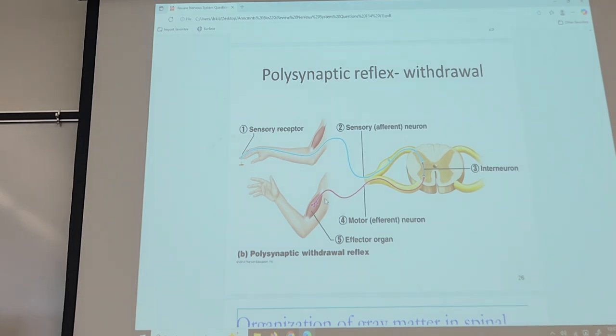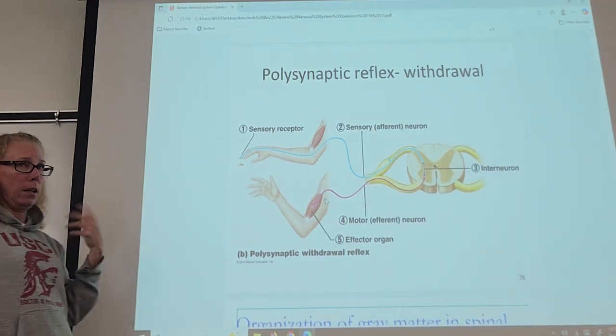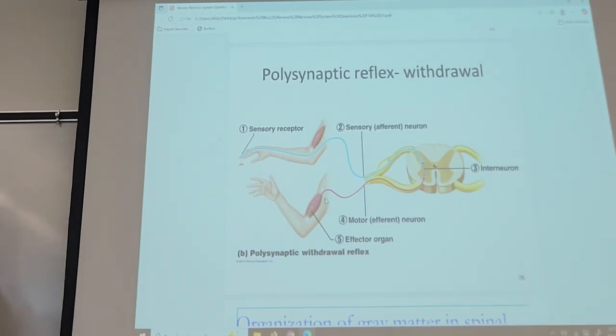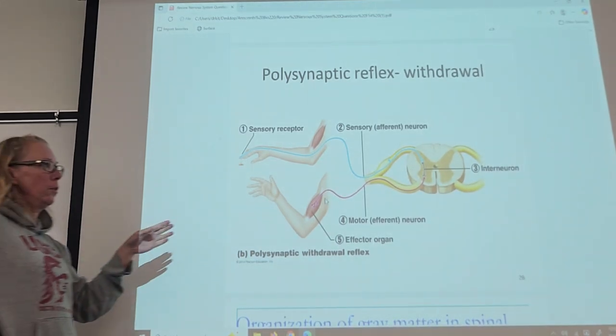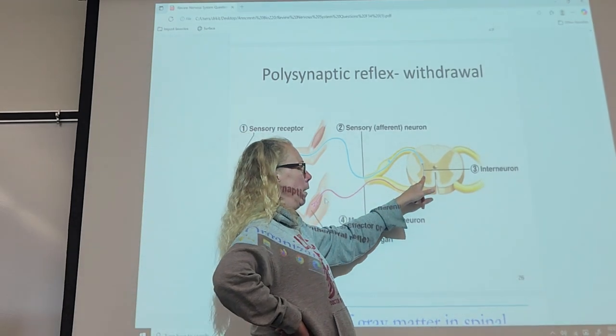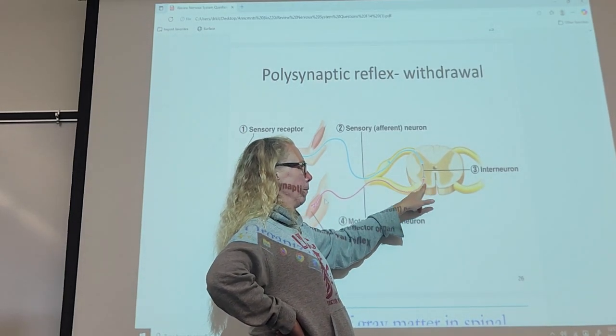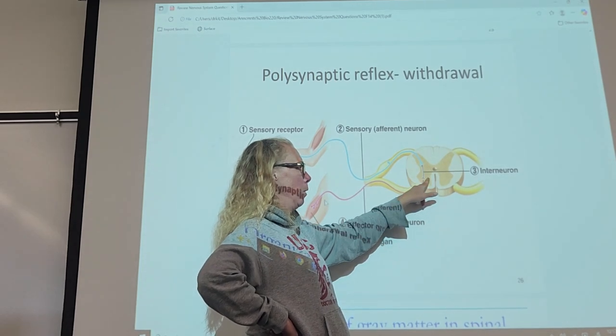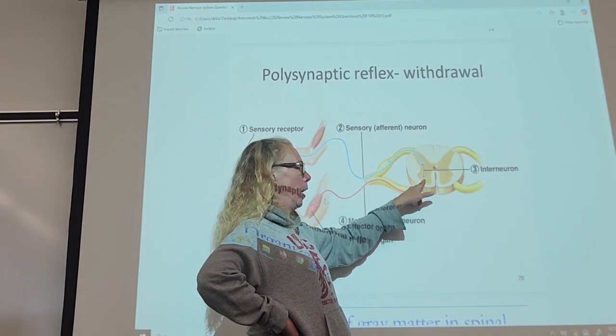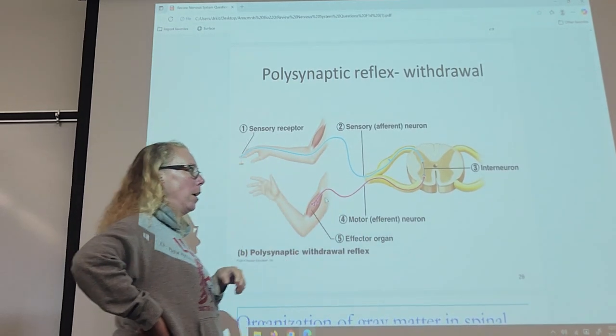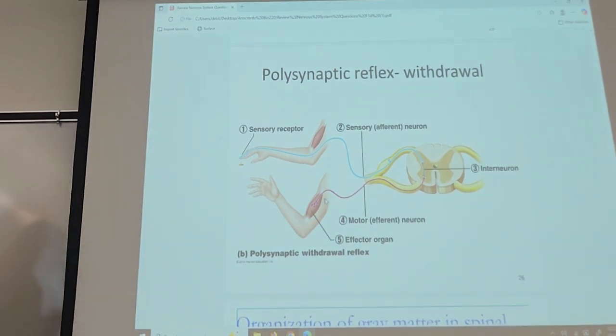That interneuron then is going to think about it. Okay, what type of stimulus am I receiving? Okay, well, it's painful stimulus. So then the axon terminals of that interneuron will then terminate in the anterior horn of gray matter of the spinal cord, because this is where we find cell bodies and dendrites of somatic motor neurons, right?